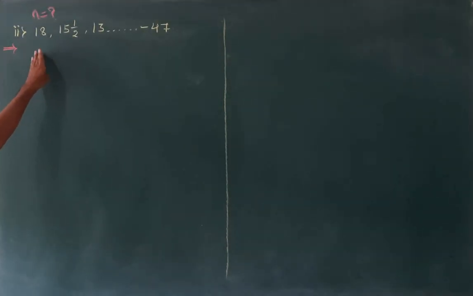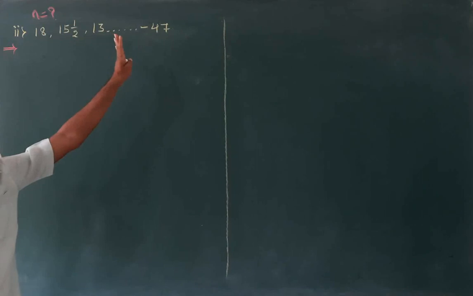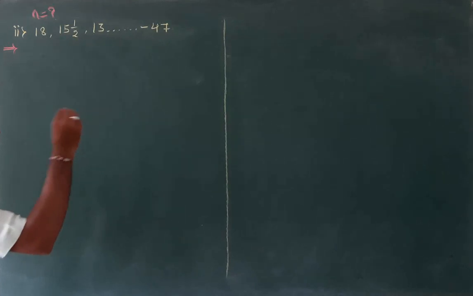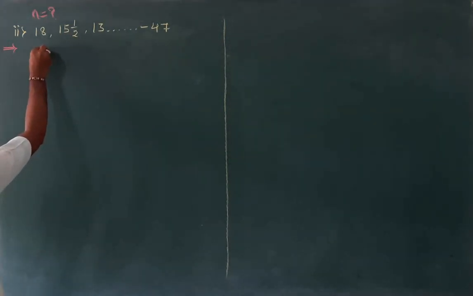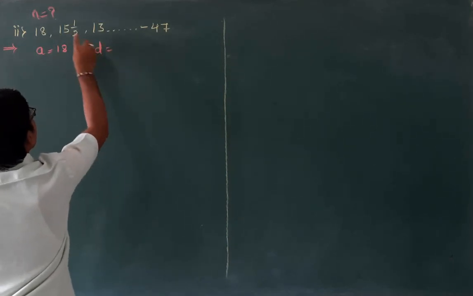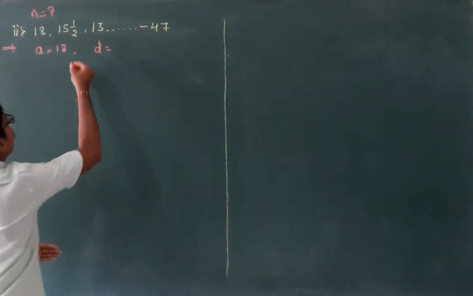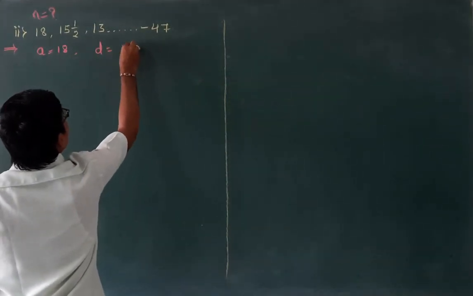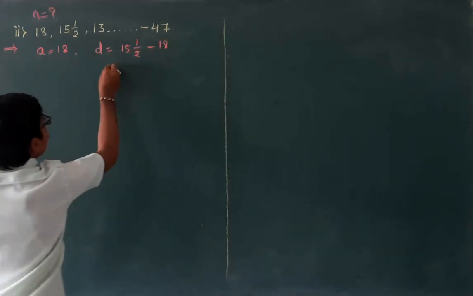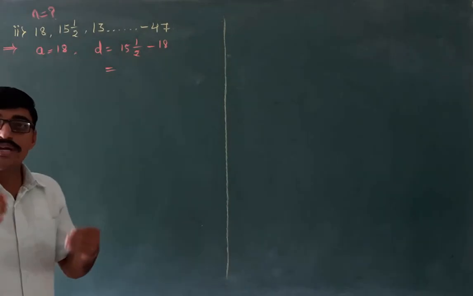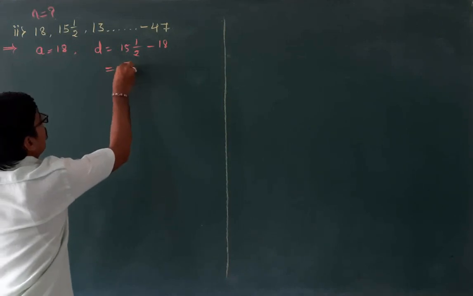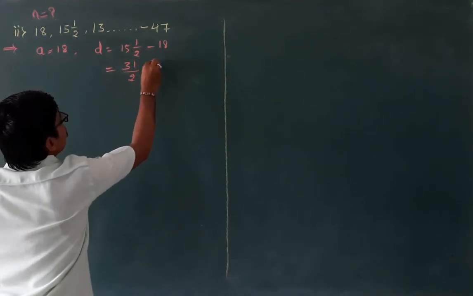In this question, find the number of terms is asked. It is the second sub question. Find the number of terms. n is question mark here. What are the given things here? First term, that is a is equal to 18. Then common difference d is equal to second term minus first term. Which is the second term here? 15 integer 1 by 2 minus first term 18. 15 integer 1 by 2 can be written as 15 times 2 is 30, 30 plus 1 is 31, so 31 by 2 minus 18.